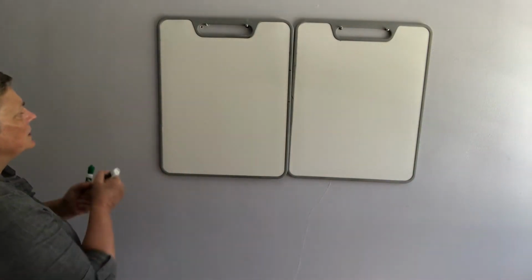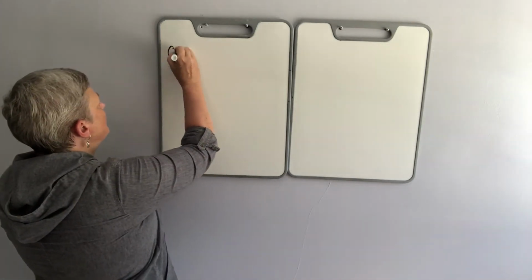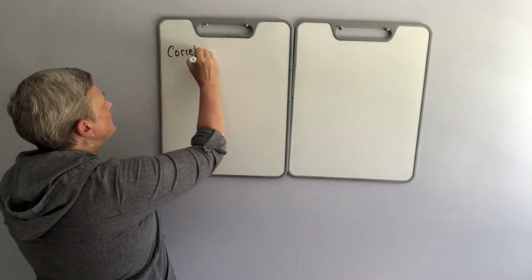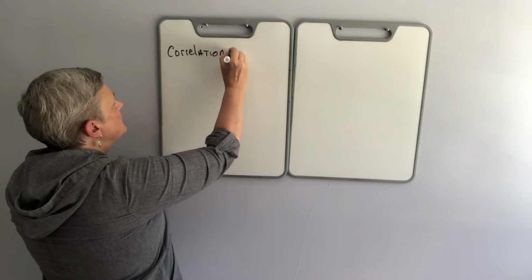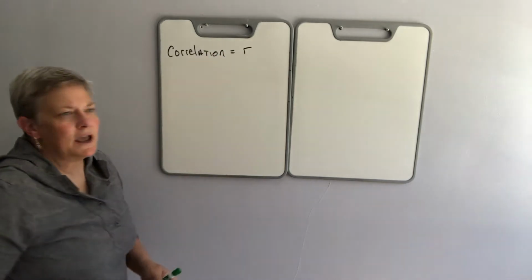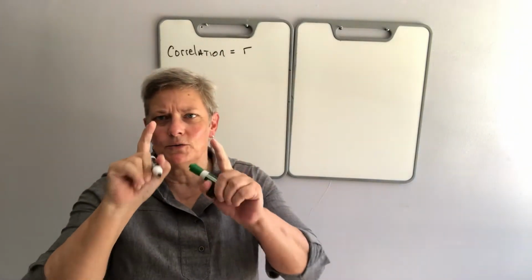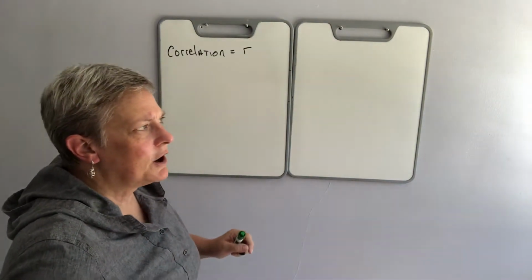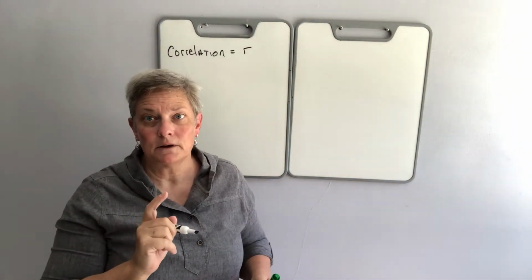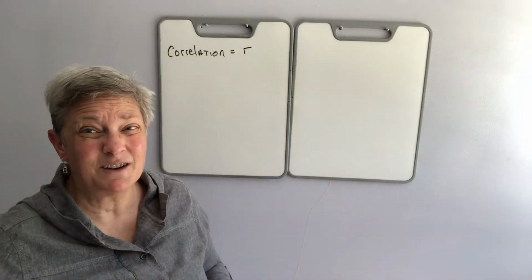Okay, so I'm gonna make 4 videos in this series, and you've already seen the first one on the introduction to correlation. Today we're gonna talk about meaningfulness. If we go back and remember, correlation is equal to R, and that is the relationship between 2 variables. Remember, a perfect correlation is 1, and a perfect correlation is -1.